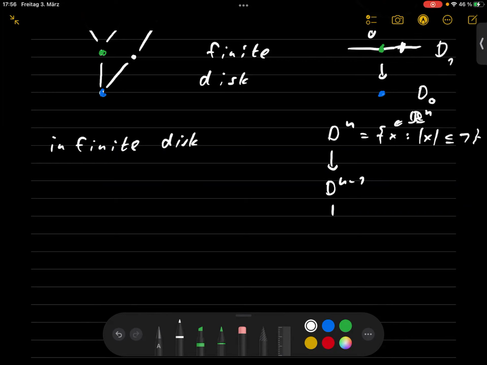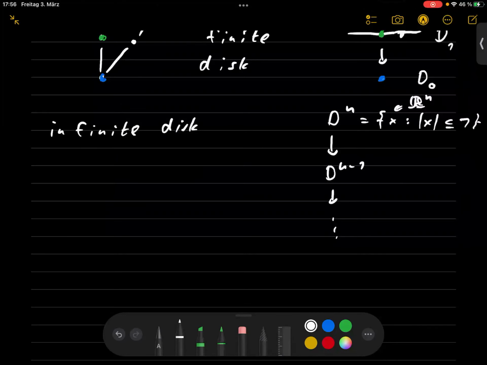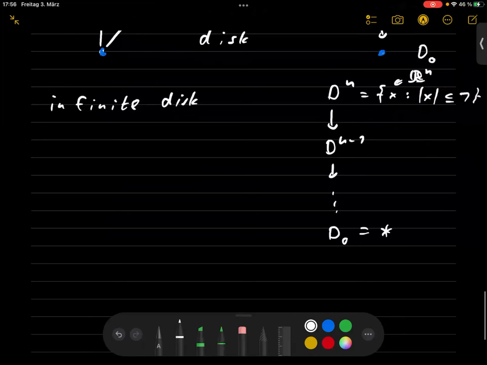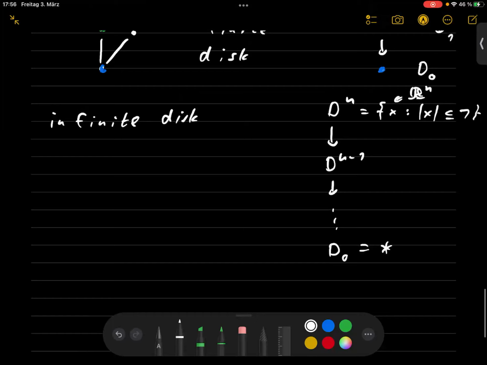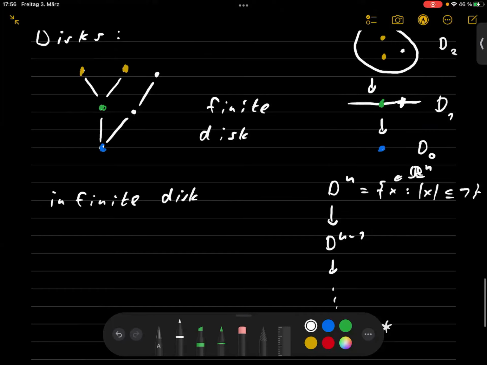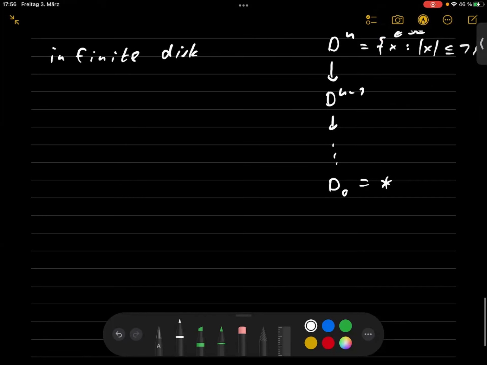Then we can go down until D0, which is a point. This would be an example of an infinite disk. Let me draw this basic picture here, just the same as we have already seen: like this, and a point.